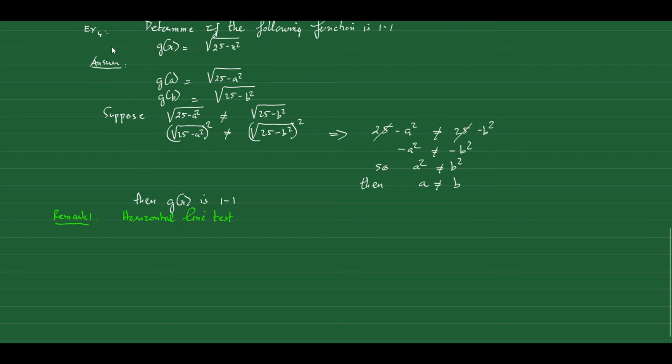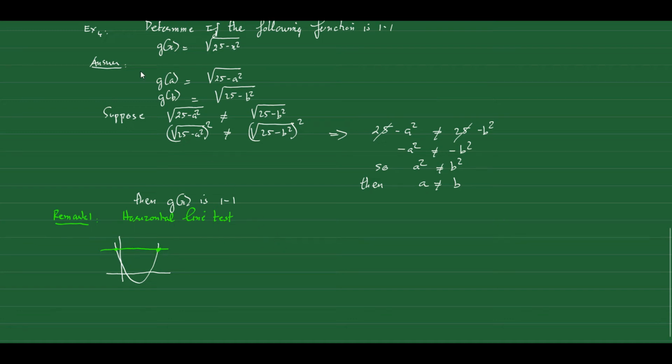But if I give you a sketch like this, what if I have this? I have a parabola, and if I apply the horizontal line test, you see that I cut at 2 points.